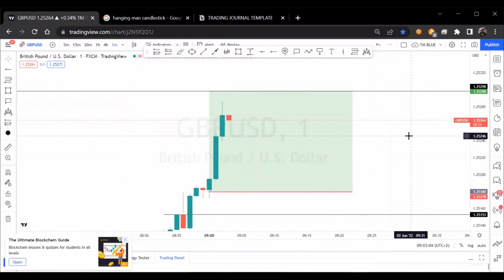So our stop loss has to go above, which is 25191. There we go.